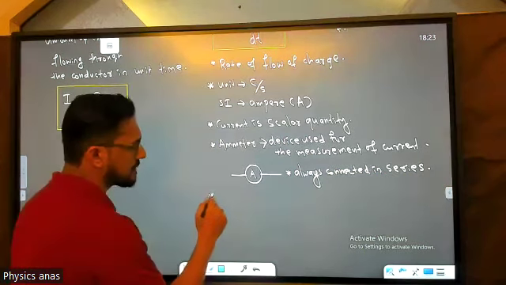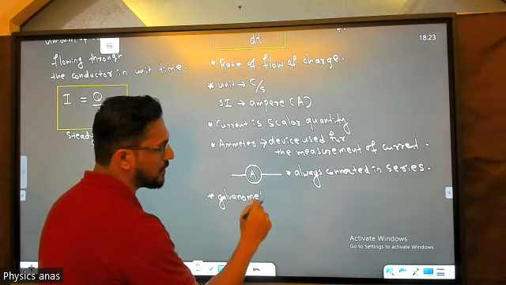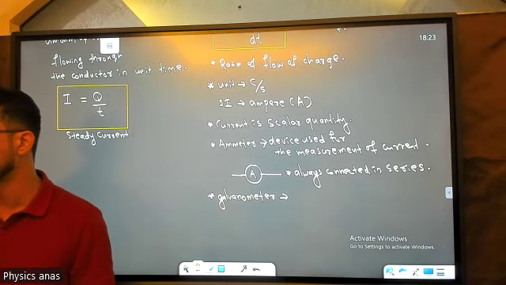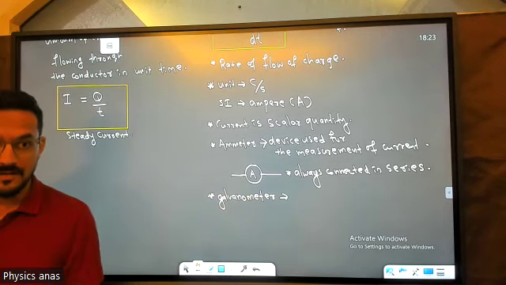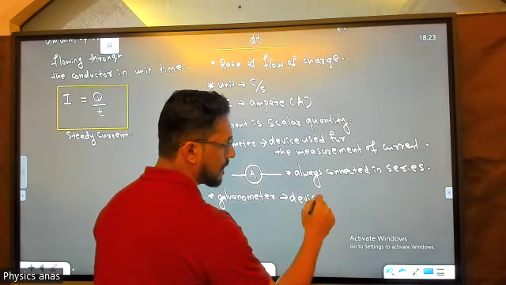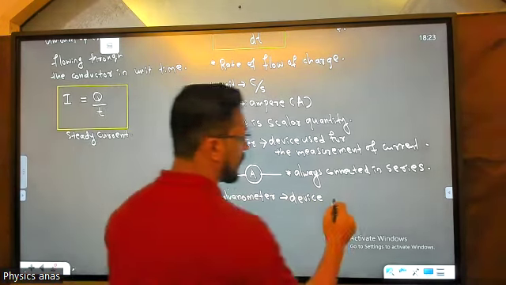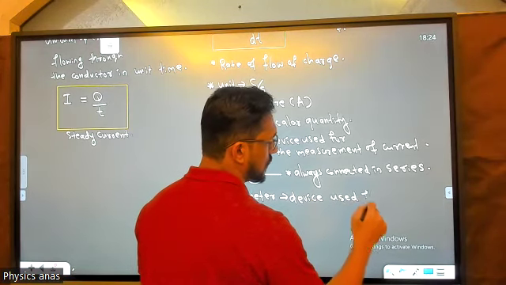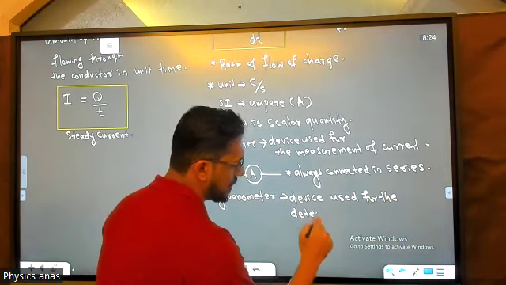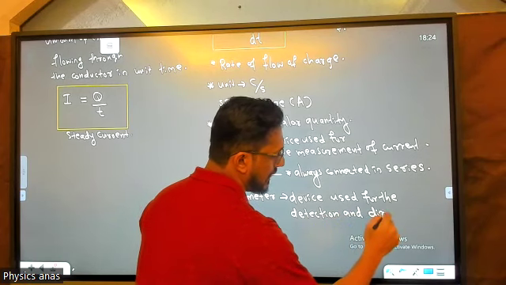Then the next device is galvanometer. Do you remember what a galvanometer was? That's a device used for the detection of current. Used for the detection and direction of current.